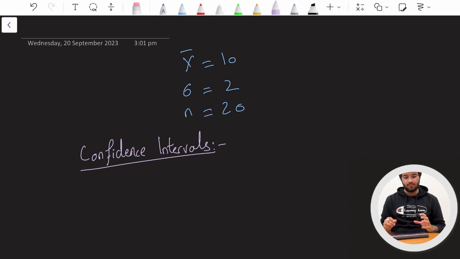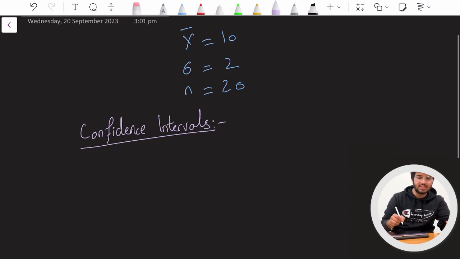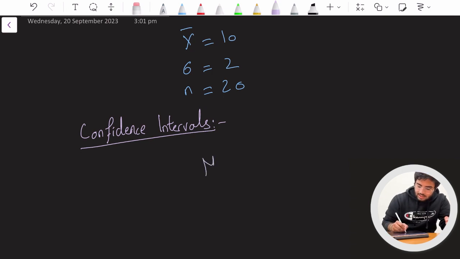So the interval is going to be a range of values, and we're going to say that, based on our data, based on our sampling, the population mean lies in this range. That is what the confidence interval really represents.